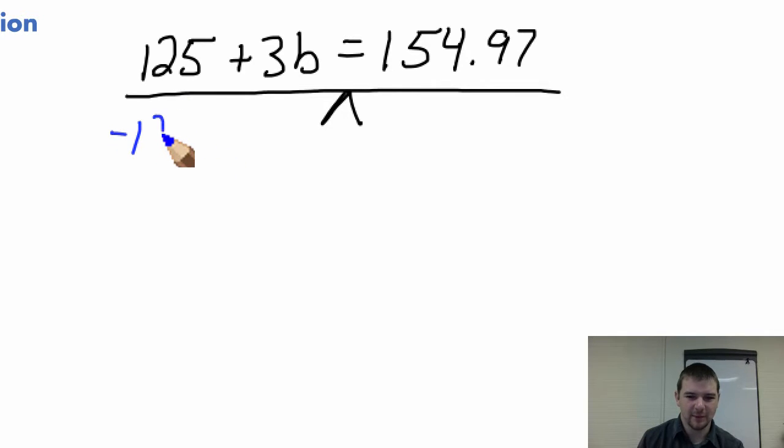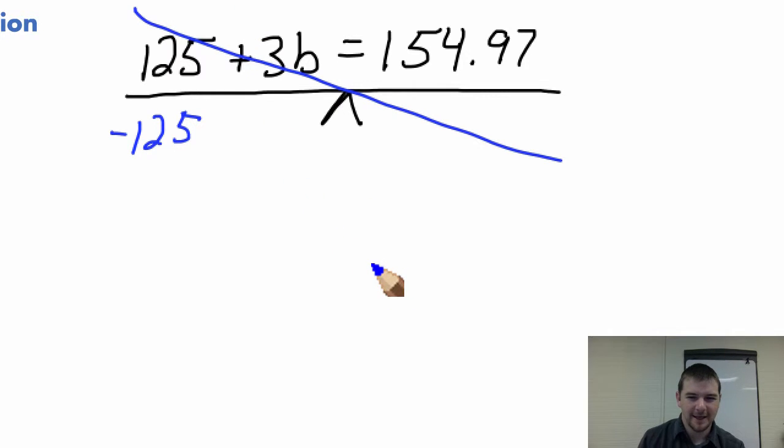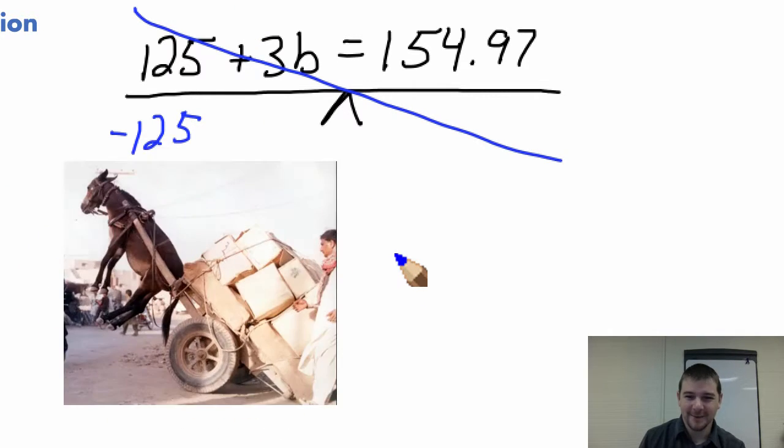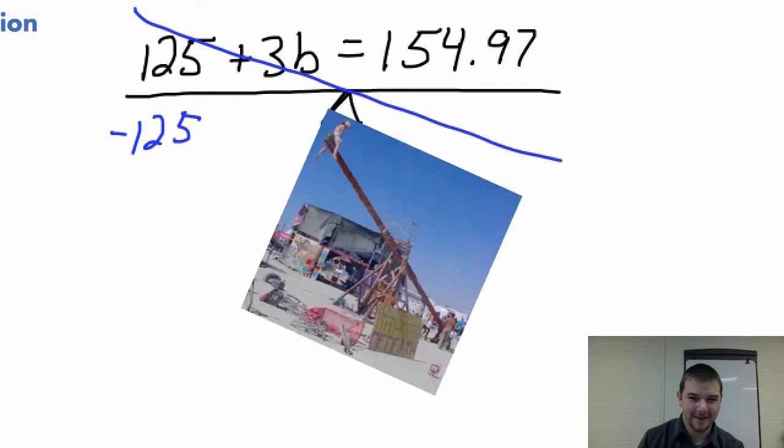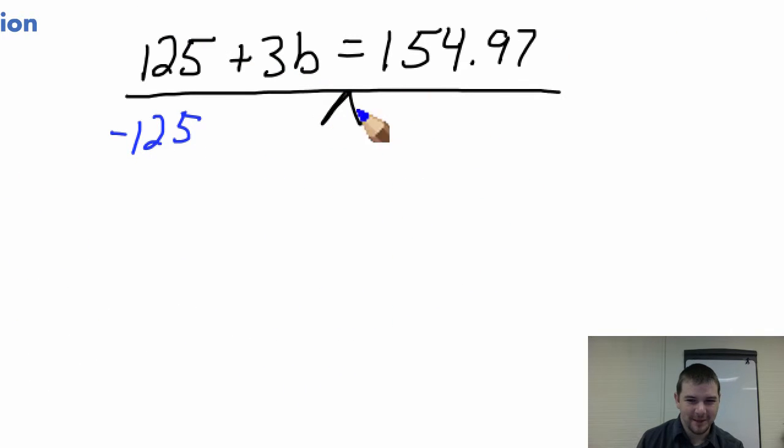That's the same as subtracting 125 from this side of the equation, but if 125 just jumps off, then all of a sudden we have an unbalanced teeter-totter. And I think we've all been in that situation. It's not always pretty, and it's not always easy, and potentially it's dangerous. Now in algebra, it's less dangerous to your physical well-being, but it's still not best practice.